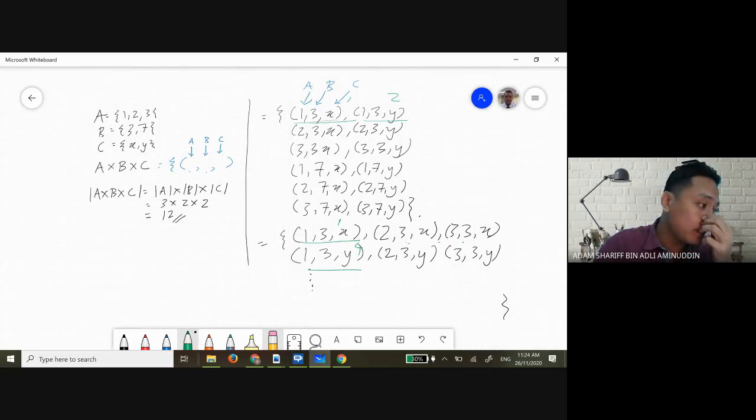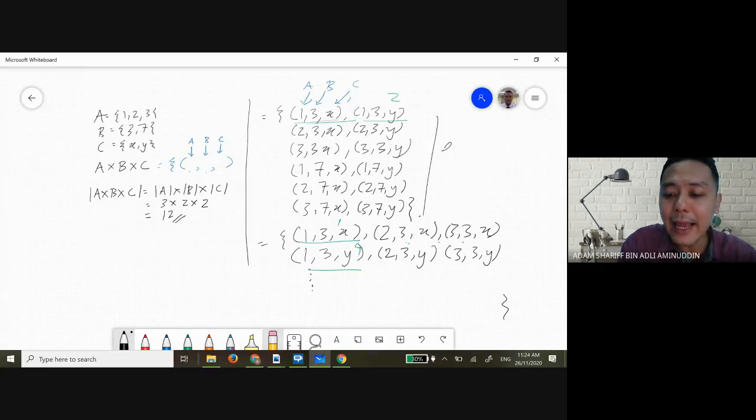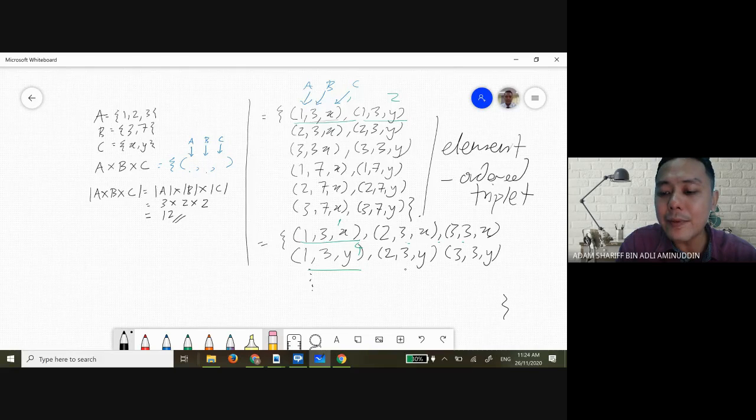Saya ulang. Definition set, the element might not be in order. Dalam kes ni, elemen kita adalah ordered triplets. It means the outcome of A times B, ordered triplets ni, tak semestinya ikut susunan. Yang ikut susunan, the thing that follows in order is what in the ordered triplet. Dalam ni yang kena ikut order.